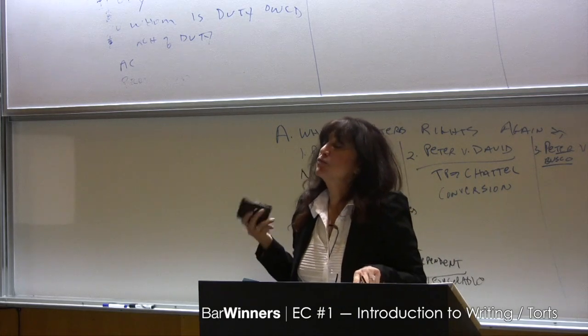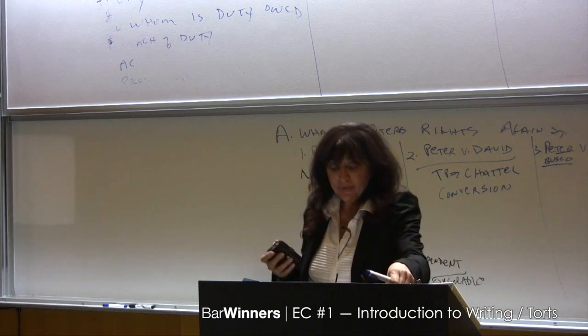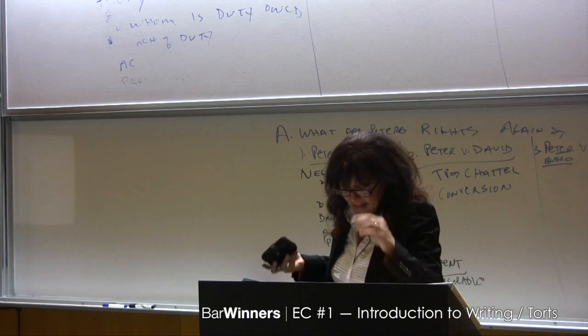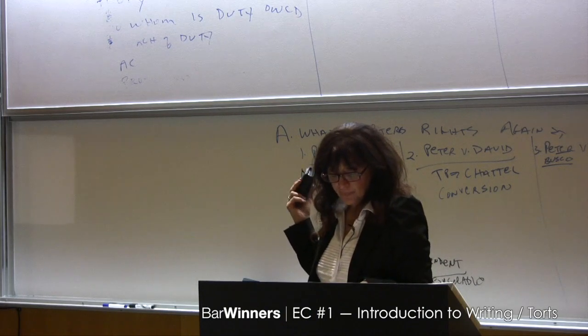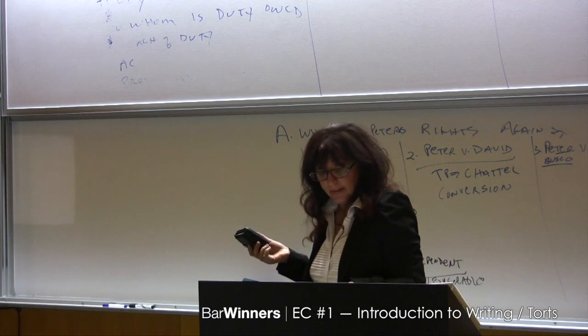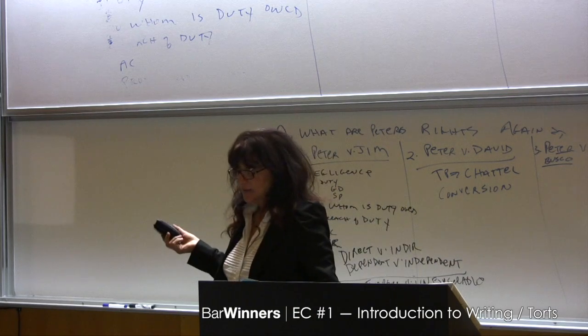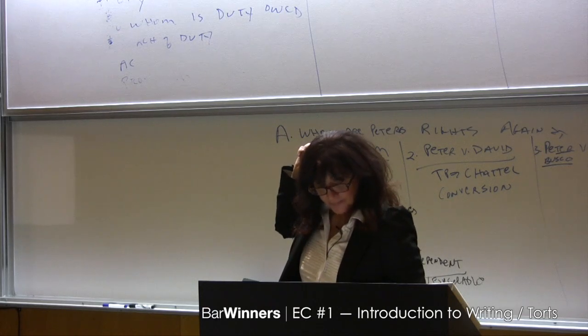And the facts tell us, what did David do with the wallet? The facts tell us that David picked up Peter's wallet thinking it was his own. David takes this wallet, boards a bus. The wallet gets thrown, I think, out the window.